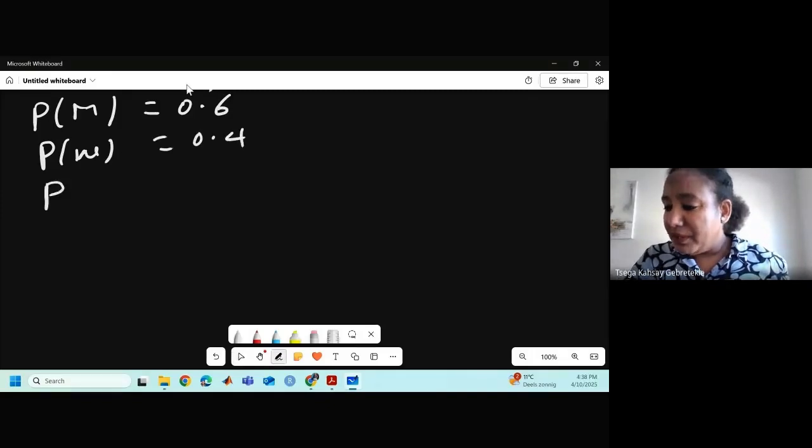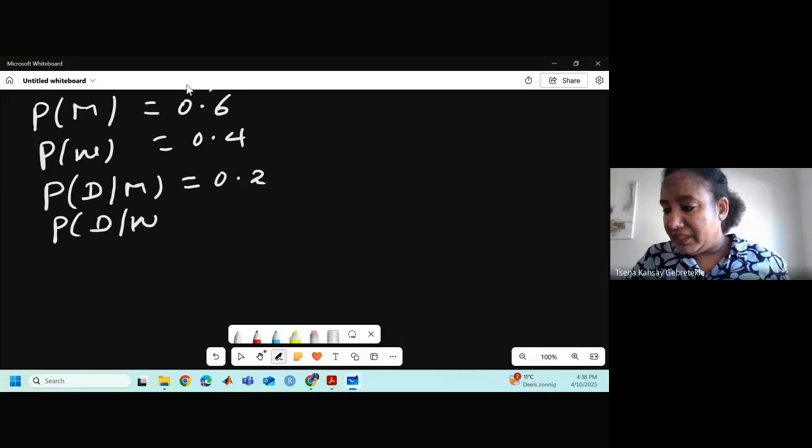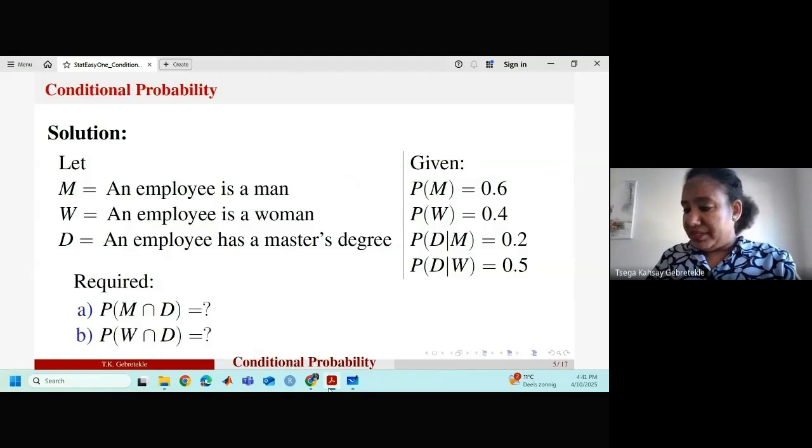The probability of a master's degree given a man is 0.2, and the probability of a master's degree given a woman is 0.5. These are the given ones, and we are asked to calculate.